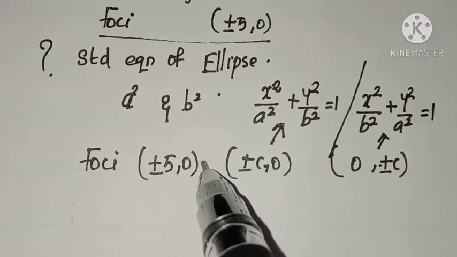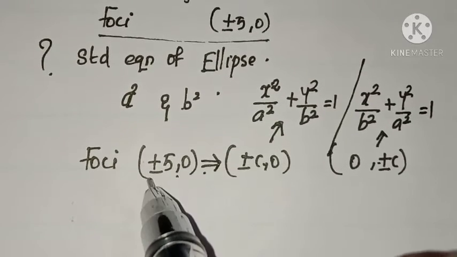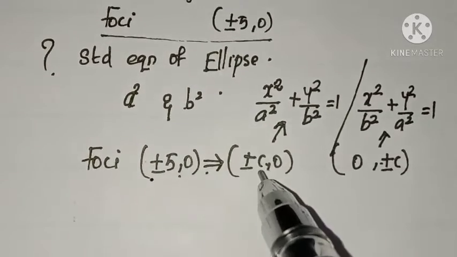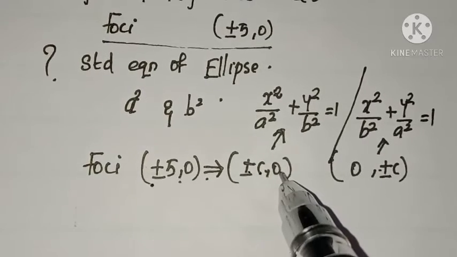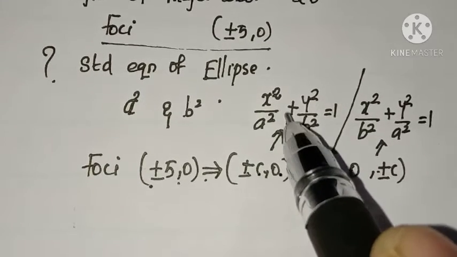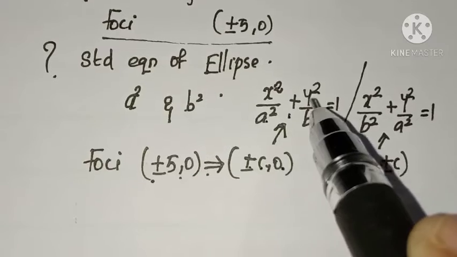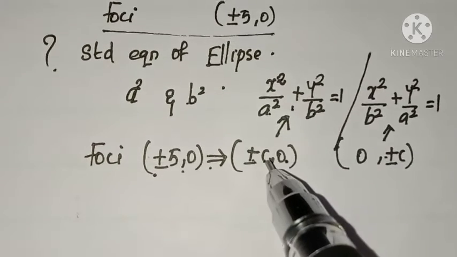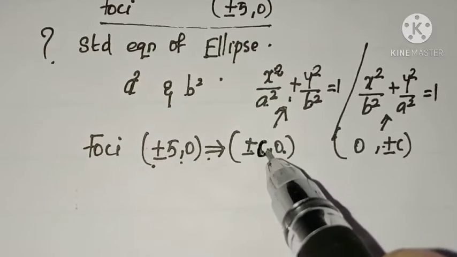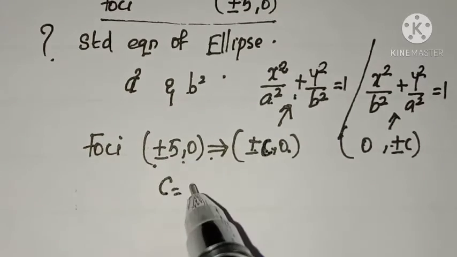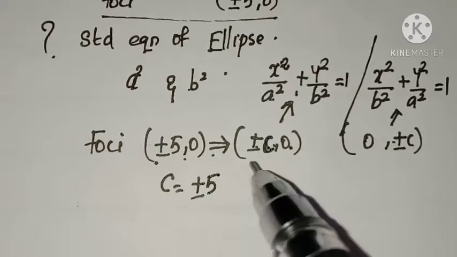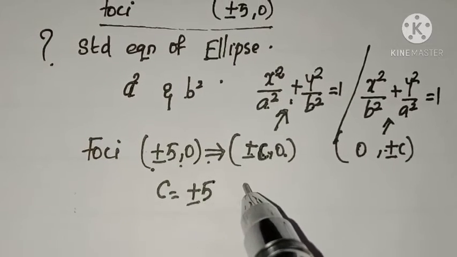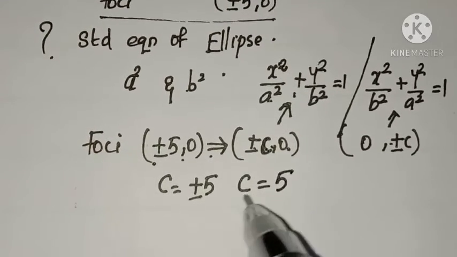So here plus or minus 5 comma 0, the given foci is in the form plus or minus c, 0. So the equation is x square by a square plus y square by b square equal to 1. So what is a or c here? c is equal to plus or minus 5, or c is equal to 5.